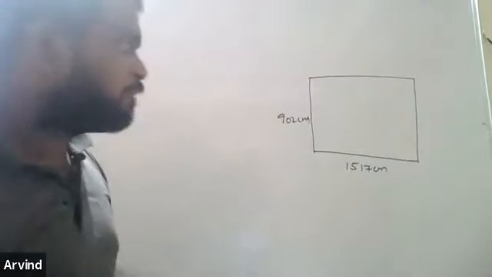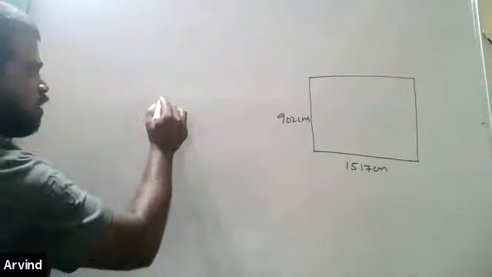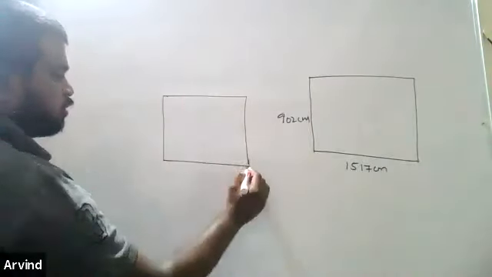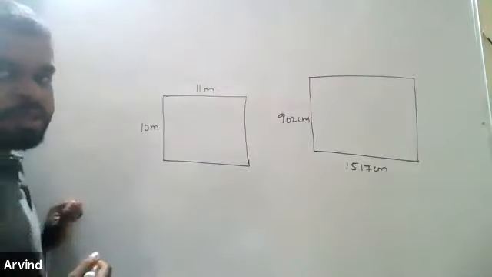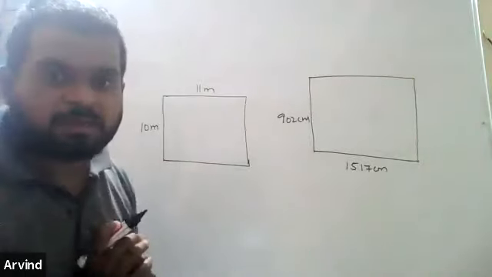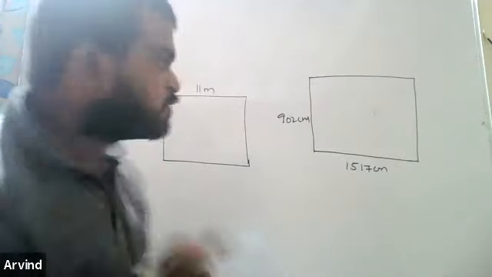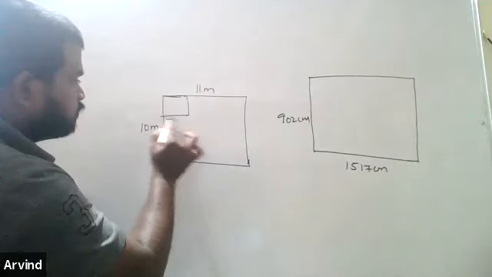Let's take a simple example, with smaller numbers for understanding. Say there is a floor with length 11 meters and breadth 10 meters. Can I put square tiles to completely cover it? Observe carefully.